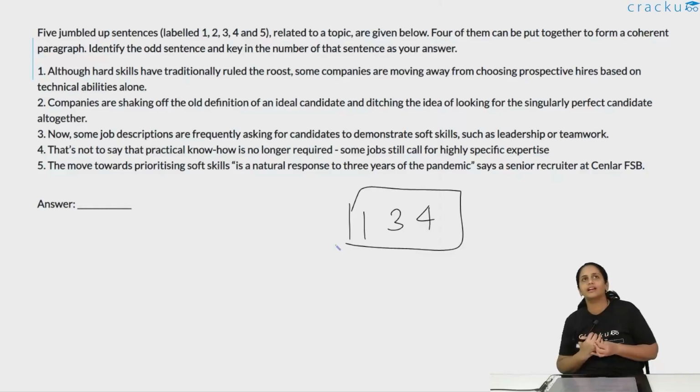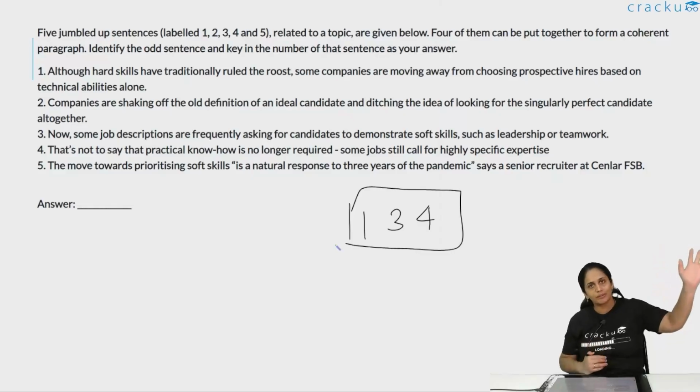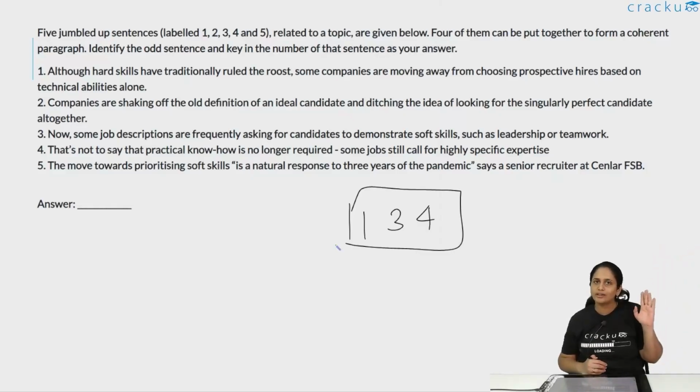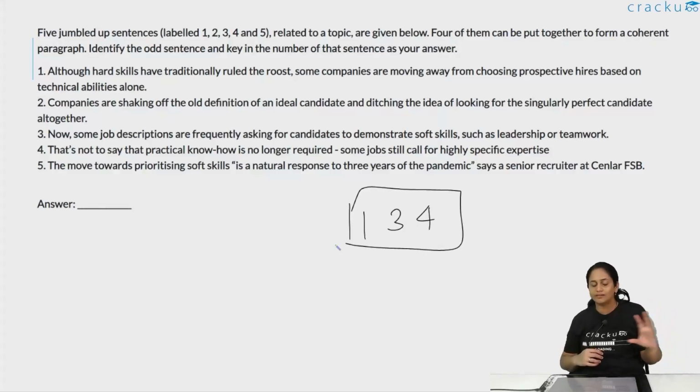Singularly perfect candidate means that instead of looking for one perfect candidate, you are looking for multiple candidates, or possibly a candidate which does only one part of the task as such, which has nothing to do with the remaining sentences. So 2 essentially introduces a tangential idea. It goes on a tangential idea of how there might not be one perfect candidate, but multiple candidates who together represent a perfect candidate as such. So 2's idea is actually not in line with what is there in 1, 3, 4.